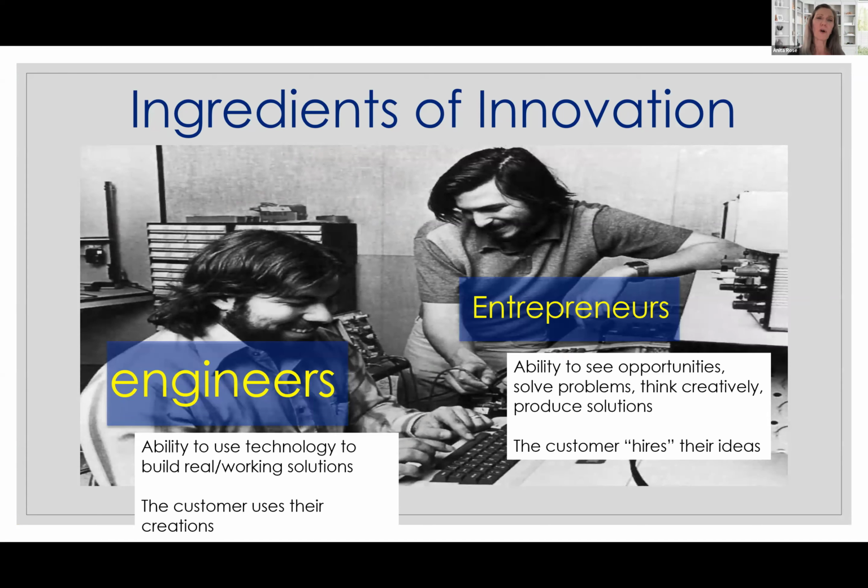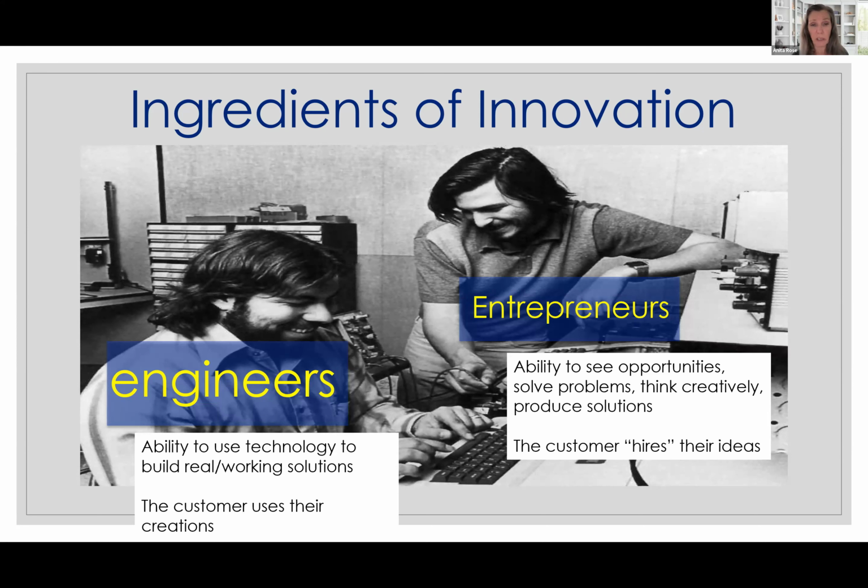So here's another interesting example. When we think about the ingredients of innovation, when we think about putting a job to be done together, when it relates to Apple, we have Wozniak, the engineer. Jobs was an engineer too, but he was really the mastermind of creative thinking and the salesperson. He was the entrepreneur.